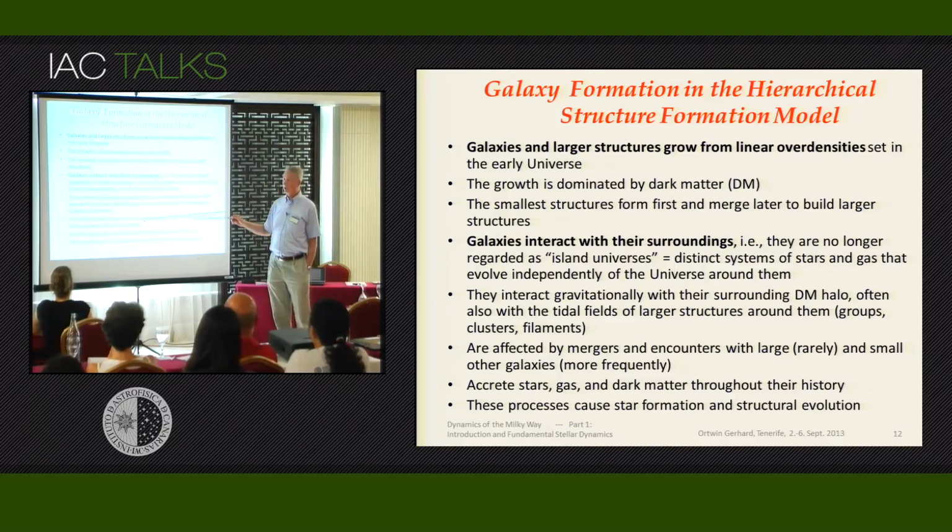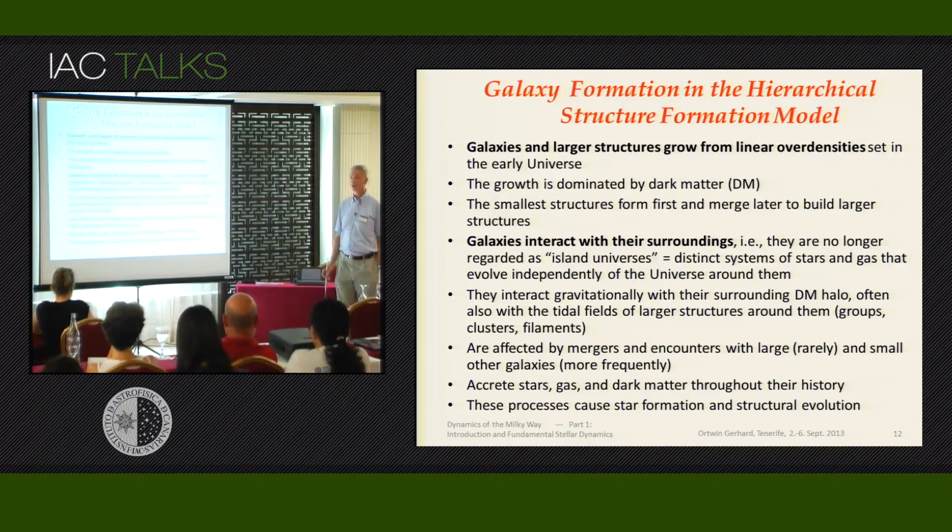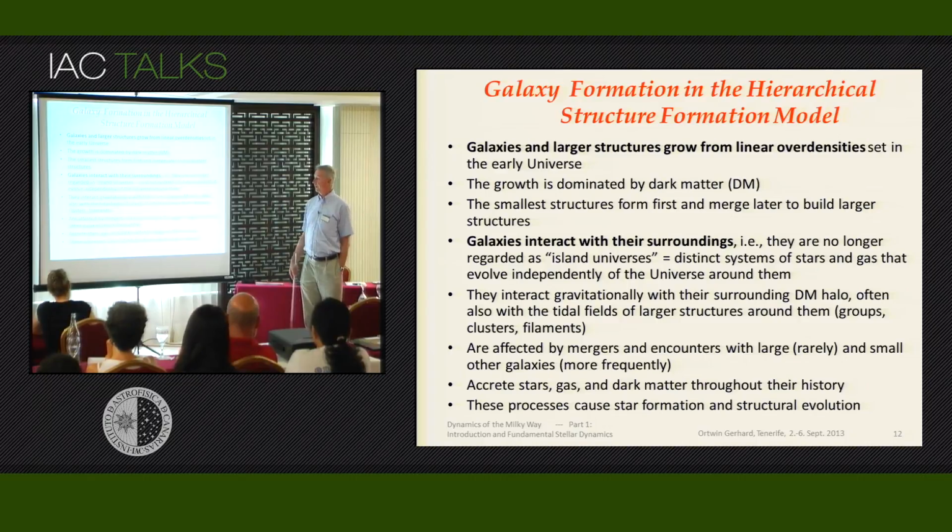And then there are objects that are even smaller, which would be the dwarf spheroidal galaxies, or the so-called ultrafaints, some of which are probably currently being tidally affected by the Milky Way halo. That's one way of interaction.